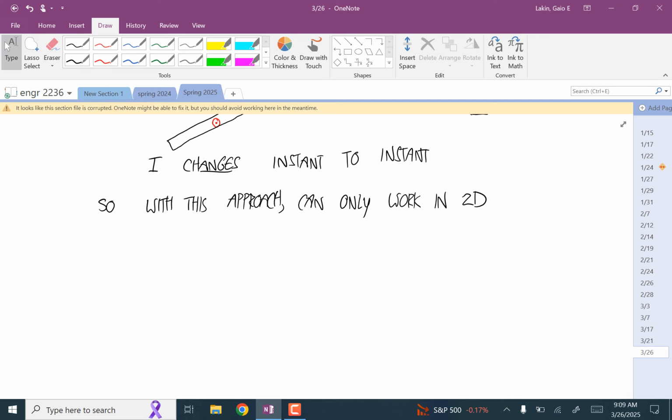All right, so now linkages. So here's a general approach to linkages. And the linkages, for the same reason above, have to be in 2D.